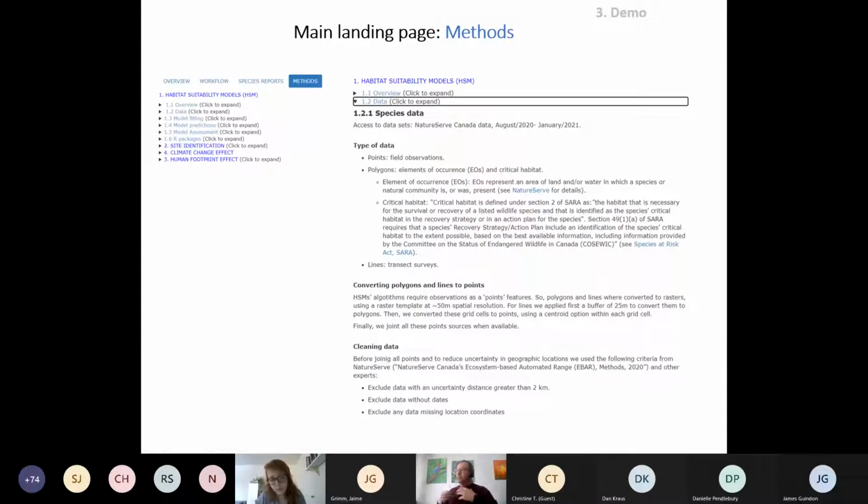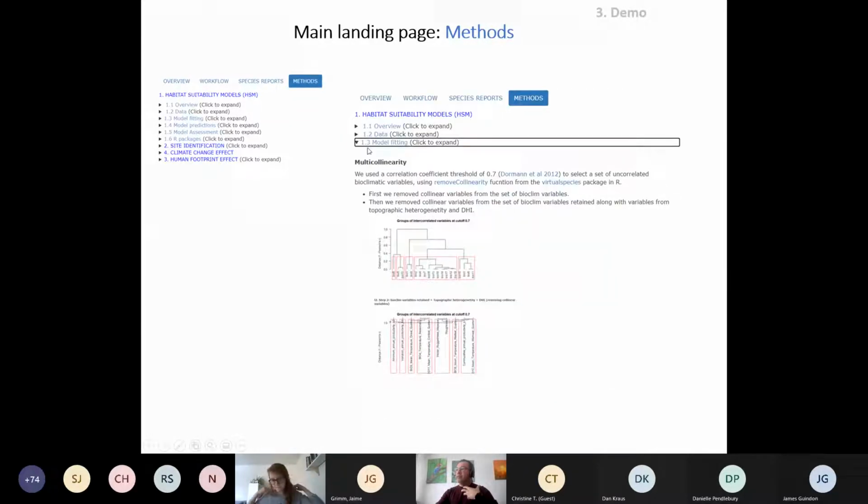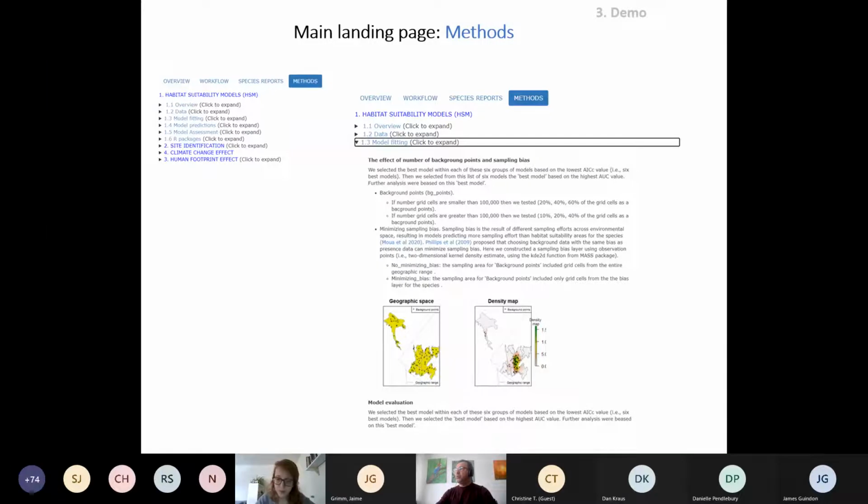I'm not expecting you to read all this, because these are just screenshots of the website. But if you click here, for instance, in data, you can see what type of data we are using here and the process of cleaning the data. And if you click in model fitting, you can see how we deal with multicollinearity among those predictors.